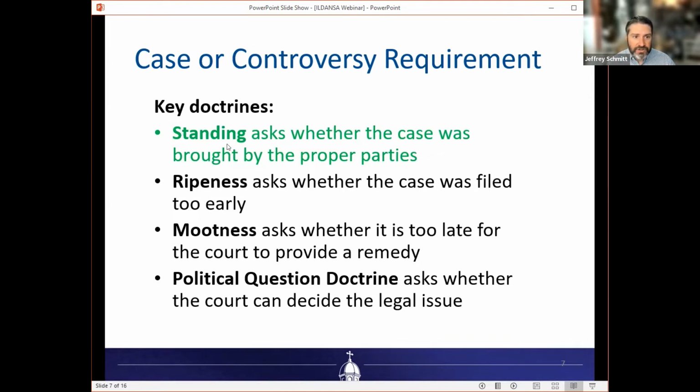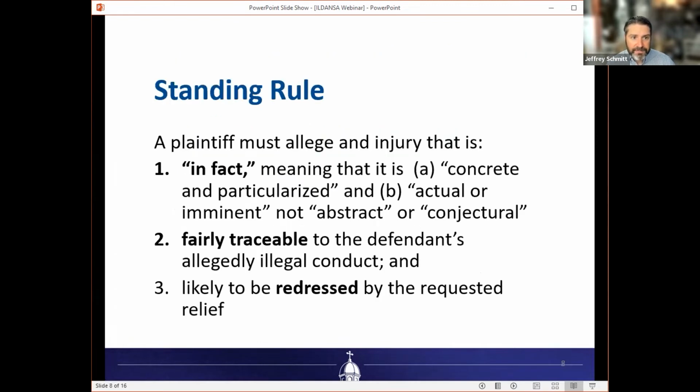I want to talk just briefly about this first and most important requirement here. This asks whether the case was brought by the proper parties. We have to have the right plaintiff suing the right defendant for it to be a case or controversy. We don't just look at the case or controversy doctrine in the abstract. It's translated into the law through these legal doctrines.